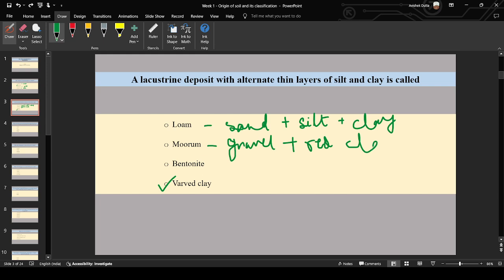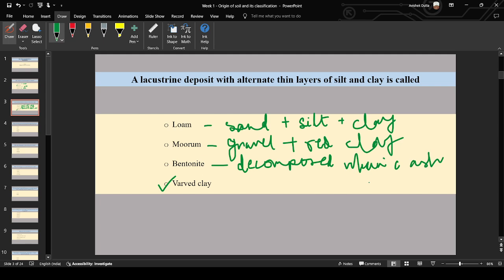What is bentonite? Bentonite is decomposed volcanic ash.